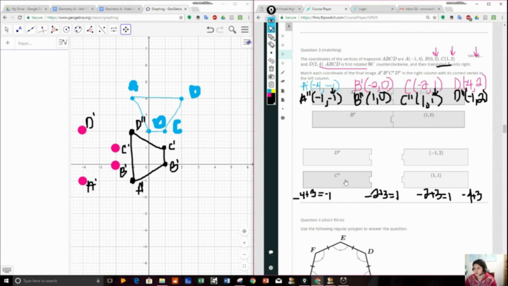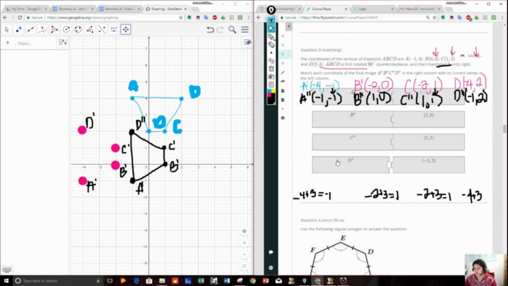C double prime's coordinates were at 1, 1. And D double prime's coordinates were at -1, 2. So there is how you do the click and drag. And if you need graph paper, then use it as a resource to do your transformations instead of just doing straight algebra.